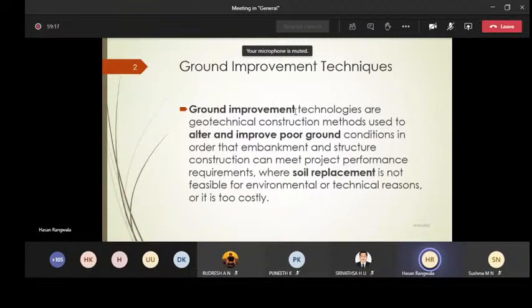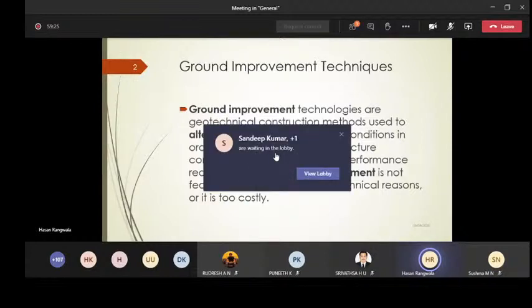Okay, I hope most of the participants belong to the civil engineering field itself, and you must have come across this term, ground improvement techniques or ground improvement technologies, which are nothing but some geotechnical construction methods which can be either altering or improving the poor ground.